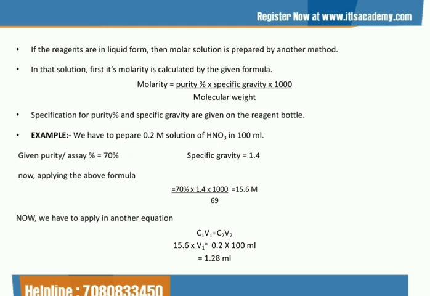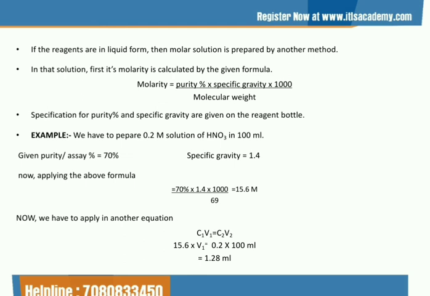Now we have to apply another equation: C1V1 is equal to C2V2. C is the concentration and V is the volume. C1 is the concentration of the first solution and C2 is the concentration of the second solution.